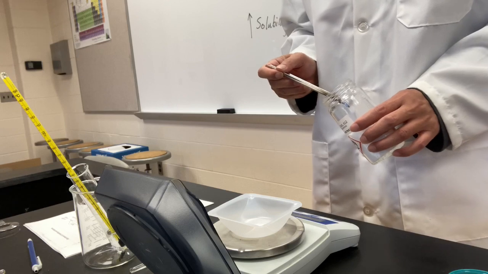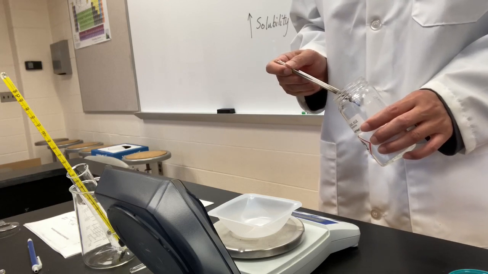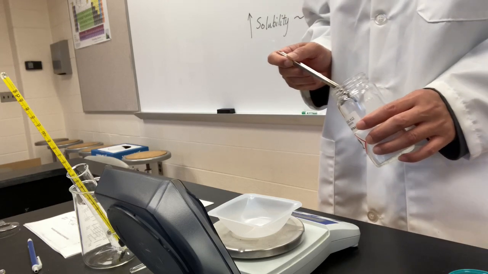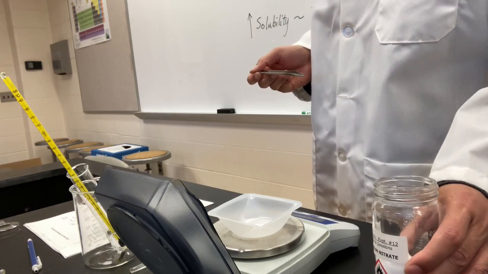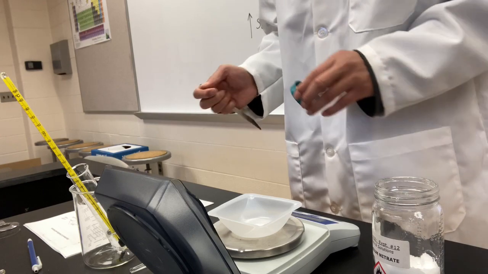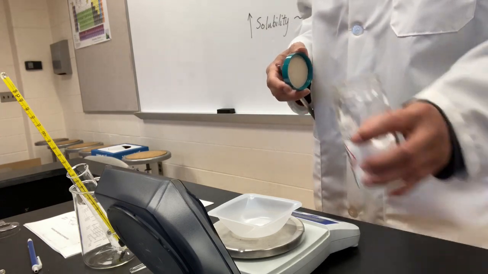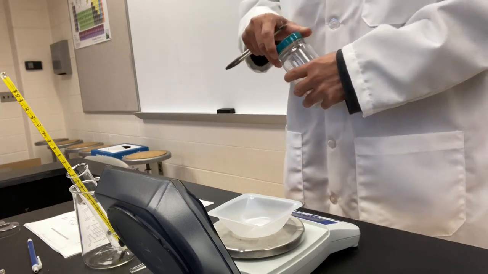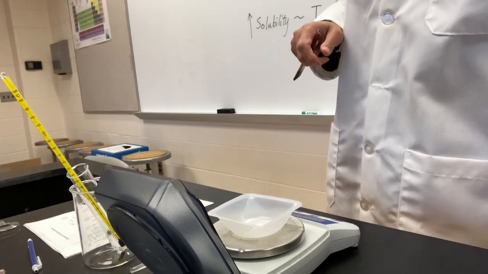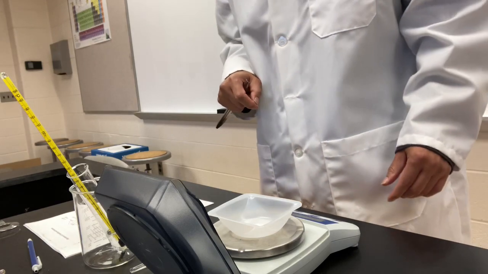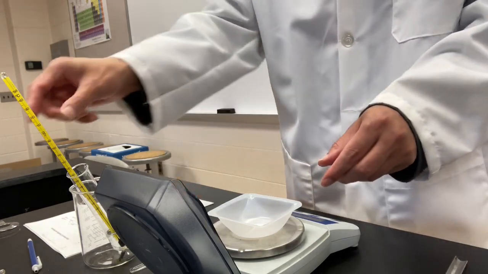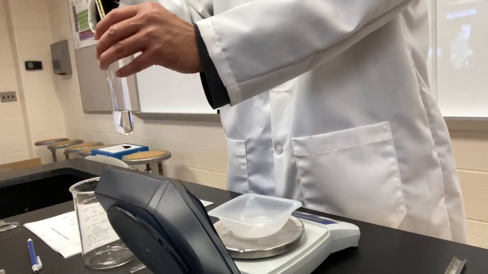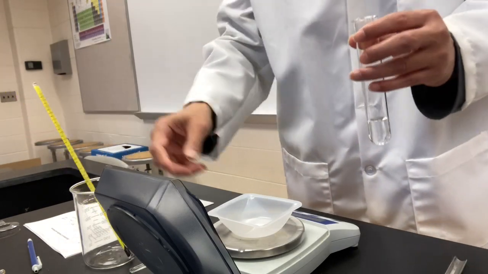Okay, 2.385 grams. You do not put this on your line 2 yet, but you'll take a record of this mass somewhere on your notes. 2.385 grams. We're going to pour this into the test tube.